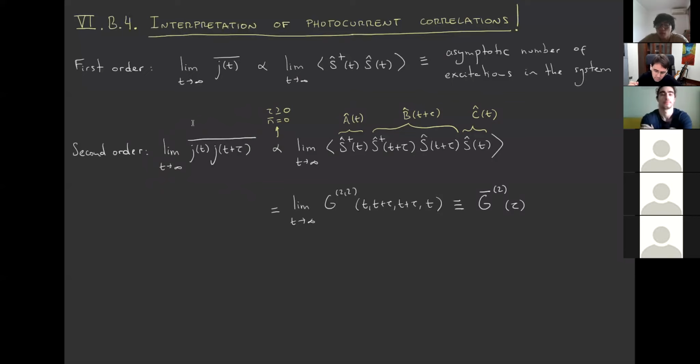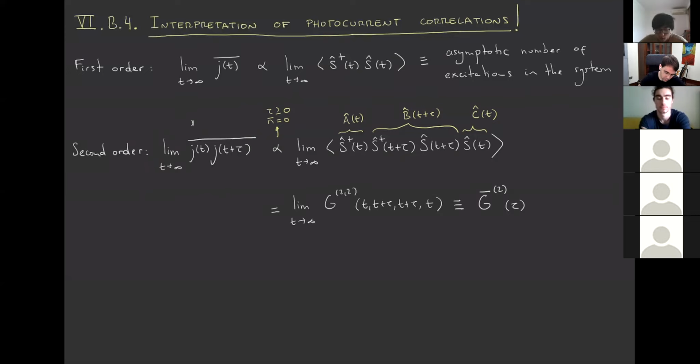Okay. So now, what I am going to do is I'm going to show you that this kind of correlation function that appears very naturally from just the two-time, stochastic correlation function of the photocurrent has a very concrete interpretation.